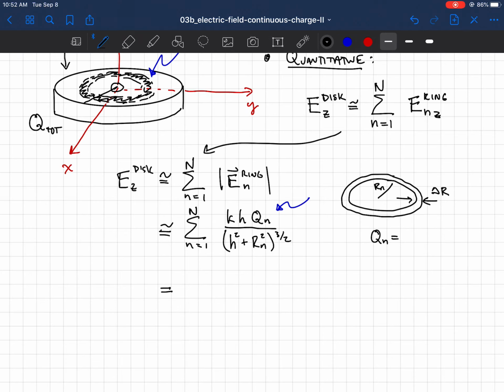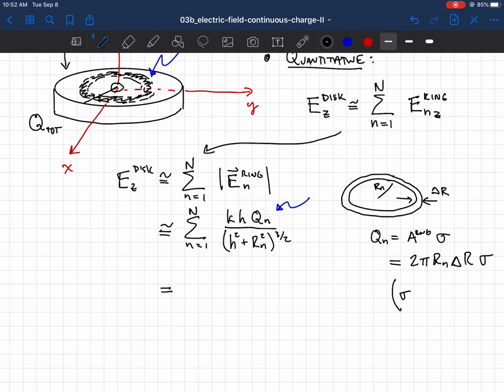So instead, let's use the area charge density. The charge is going to be the area of that ring multiplied by sigma, and the area of the ring is approximately 2 pi r_n, the circumference, multiplied by delta r. Then you multiply the whole thing by sigma.